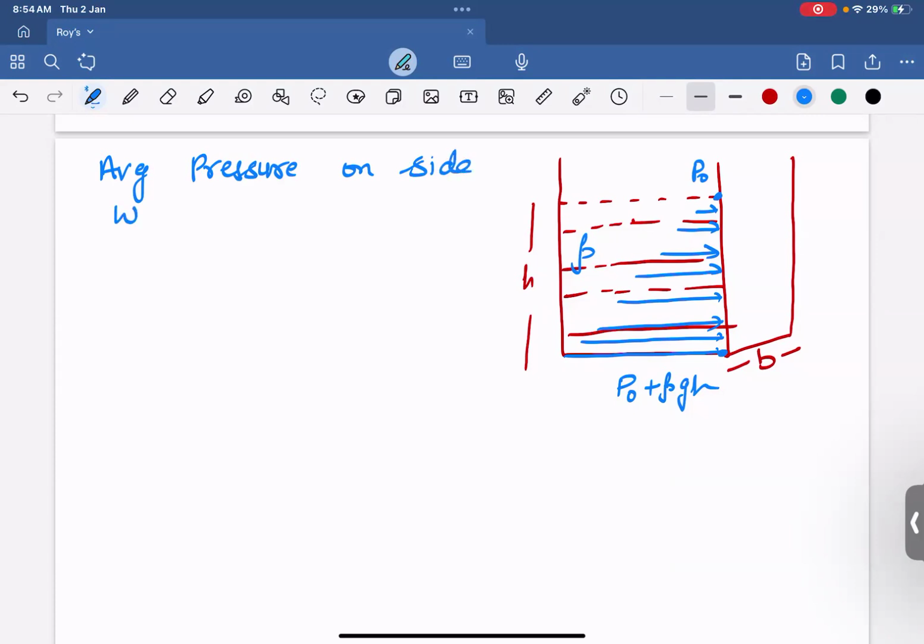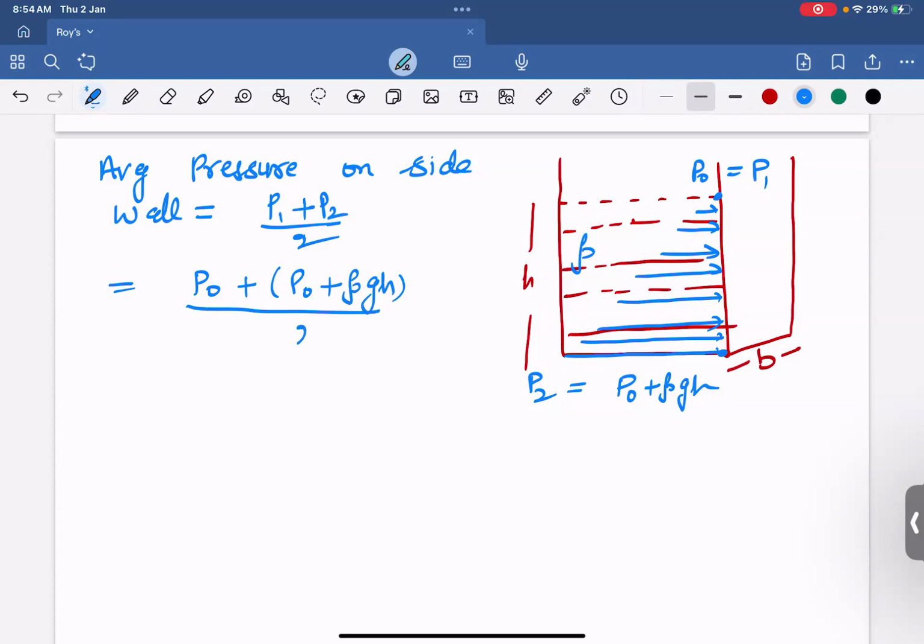Side wall. If I take this pressure here as P1, and at the bottom we can take P2, the average value is always (P1 plus P2) by 2. P1 is here P naught, and P2 is P naught plus rho GH.